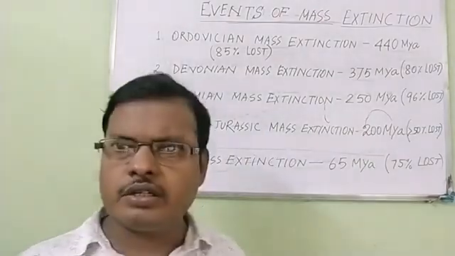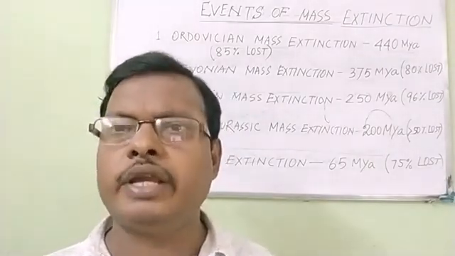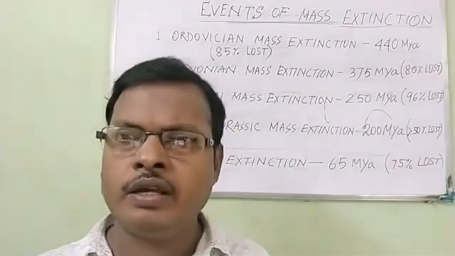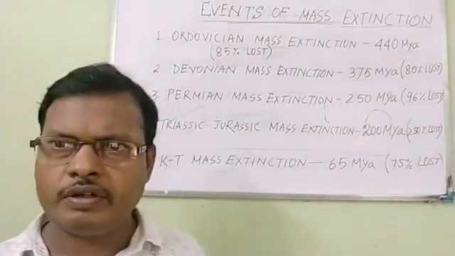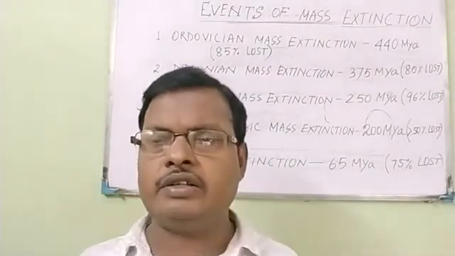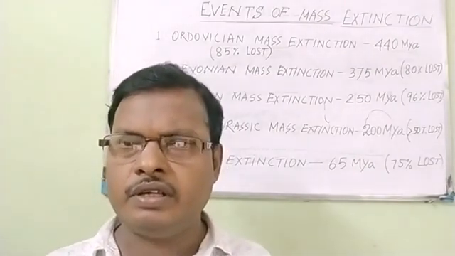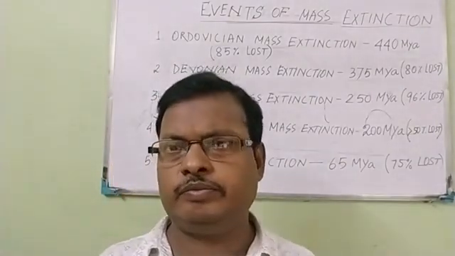Then the Devonian mass extinction. The Devonian period is included in the Paleozoic era. This period is also called the Age of Fish. A huge number of gigantic fishes, parrotfish, ratfish and many other larger fishes, armored fishes, dominated during this period.